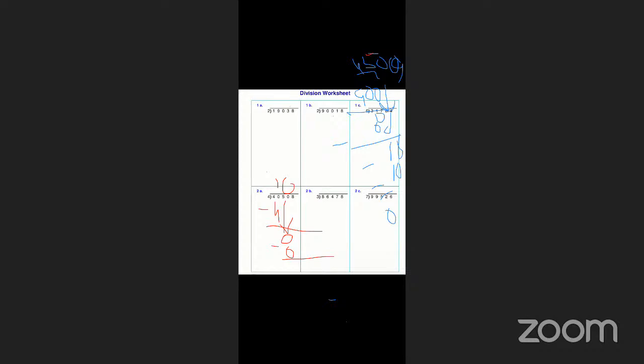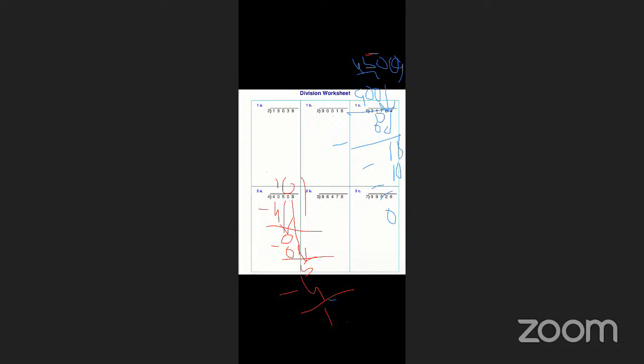Okay, then you transfer down the 5, which is here, and 4 times what gives you 5? 1, right? So 4 times 1 is 4, 5 minus 4 is 1.